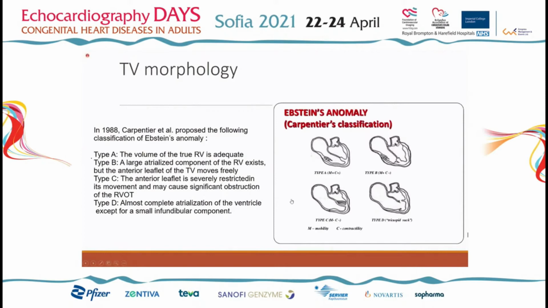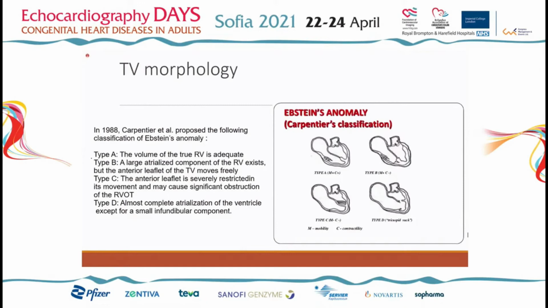And the second approach is the Carpentier classification of the Epstein anomaly. Type A: the volume of the true right ventricle is adequate. Type B: a large atrialized component of the right ventricle exists, but the anterior leaflet of the tricuspid valve still moves freely.